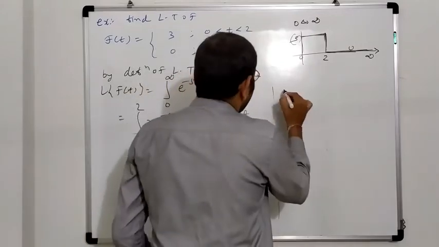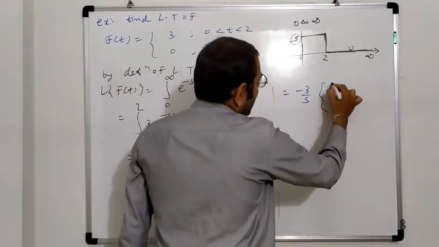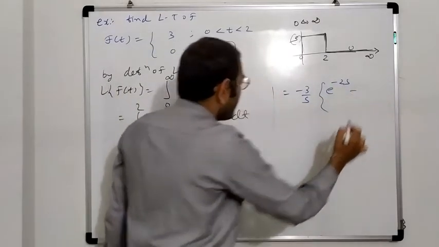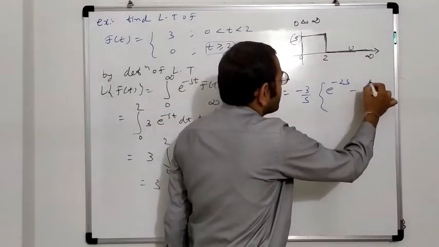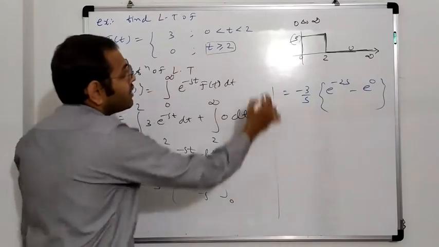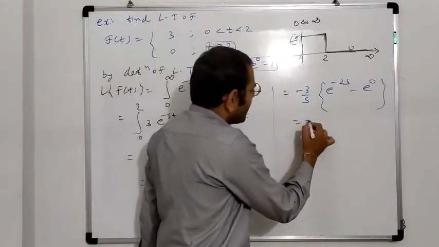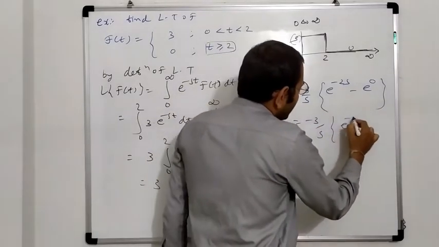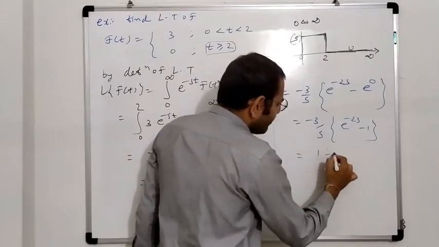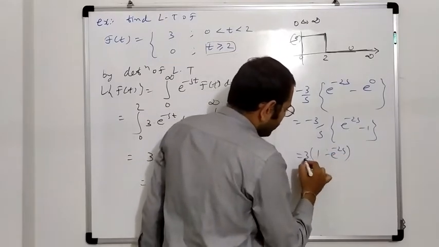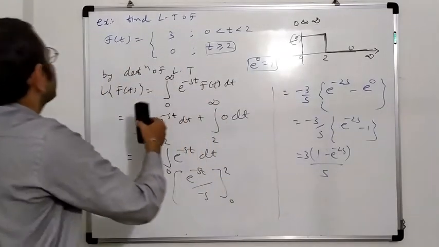Then we get minus 3 by s, e raised to minus 2s, minus e raised to 0, and anything raised to 0 is 1. So we get minus 3 by s times e raised to minus 2s minus 1, and taking the minus inside the brackets, we get 3 by s times 1 minus e raised to minus 2s. That is the Laplace transform of this function.